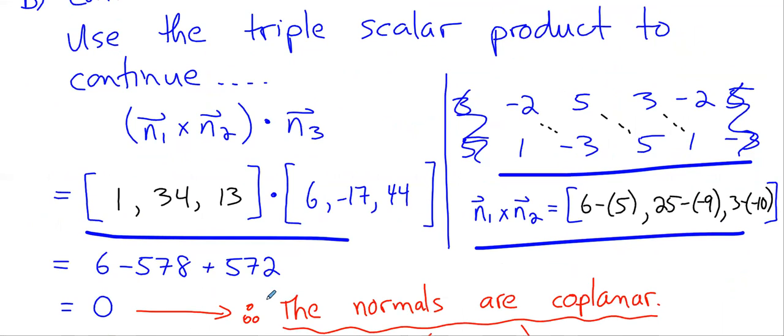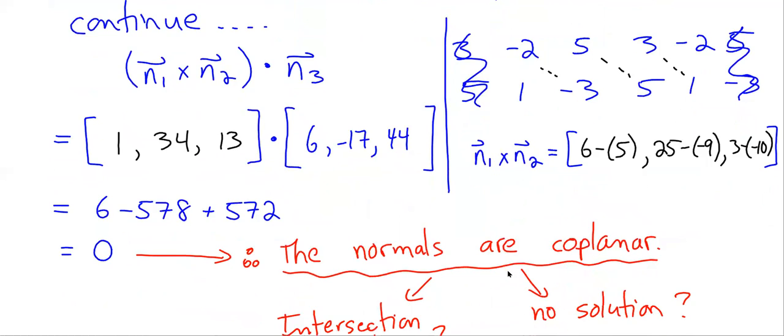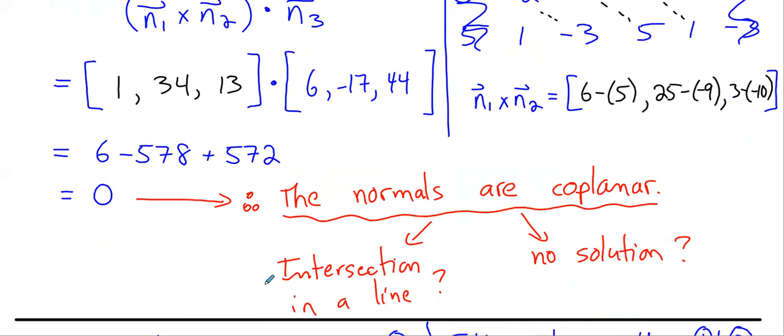We do get a 0. So that volume between the normal vectors is 0, which means the normals are coplanar. They're on the same plane. So what does that tell us? There are two possibilities: either the three planes intersect on a line, or they don't intersect at all.